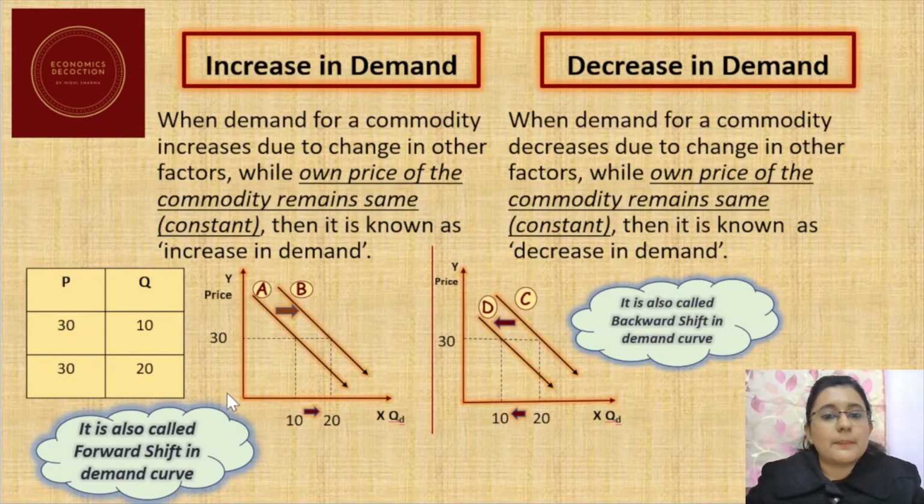So, shift in demand occurs when demand of a commodity increases due to change in other factors, while own price of the commodity remains constant, then it is known as increase in demand. While decrease in demand of a commodity occurs when price of the commodity remains constant, while other factors change, which leads to decrease in demand.